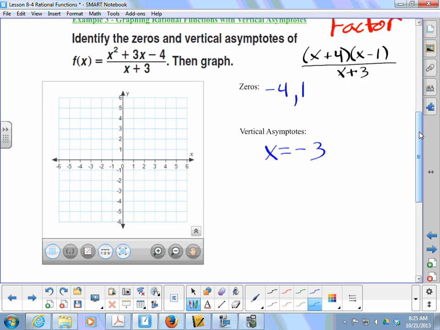All right, so if I'm going to graph this then, I'm going to start out and I have 0 at -4 and a 0 at 1. And it says I have a vertical asymptote at x equals -3, so I'm going to draw that in here.